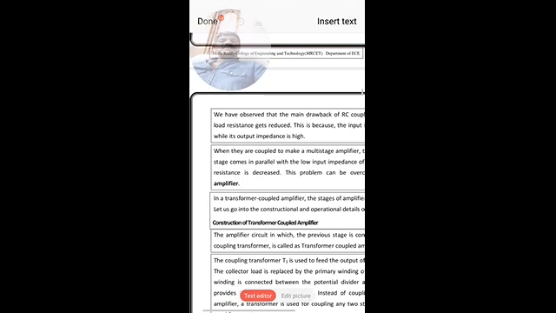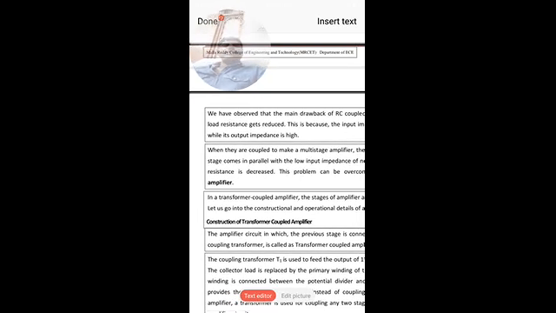So when such stages are coupled to make a multi-stage amplifier, the high output impedance of one stage comes in shunt, in parallel, with the low input impedance of the next stage.